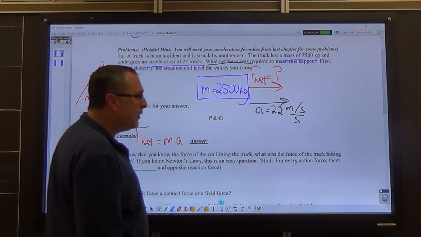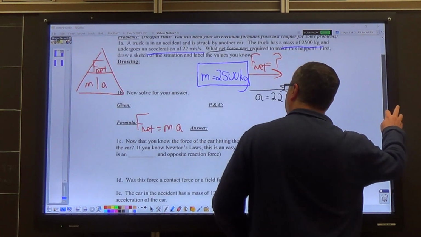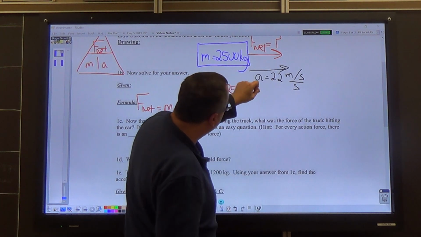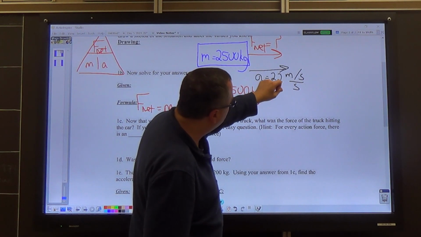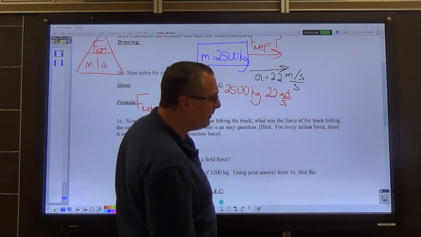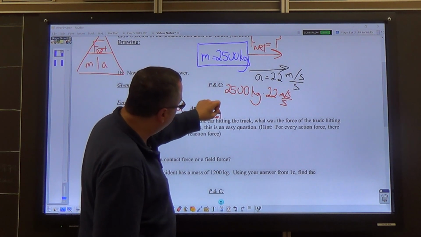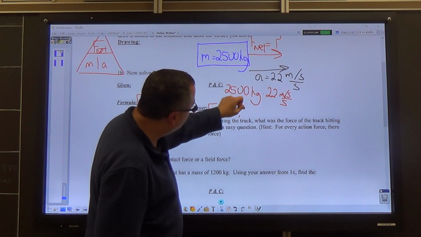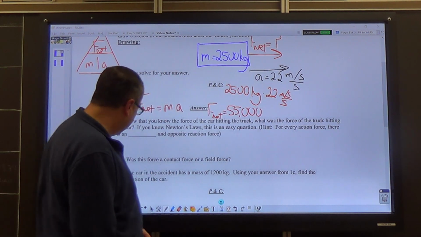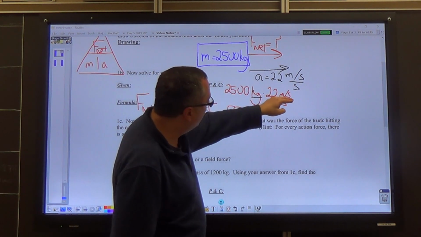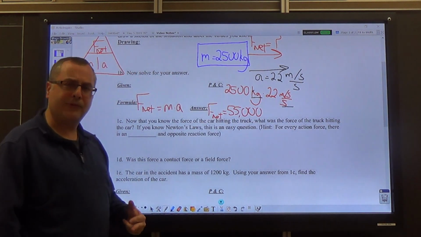And so when you multiply your numbers together, you have 2,500 kilograms multiplied by 22 meters per second every second. And that answer comes out to be a total net force of 55,000. Now as far as the units go, you have kilograms and you multiply that by meters per second per second.